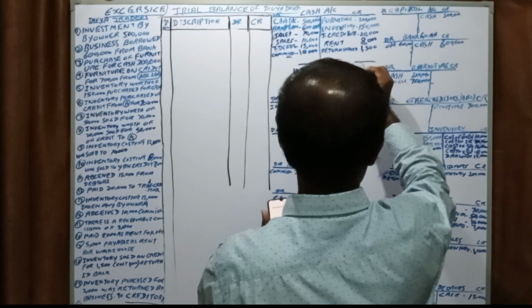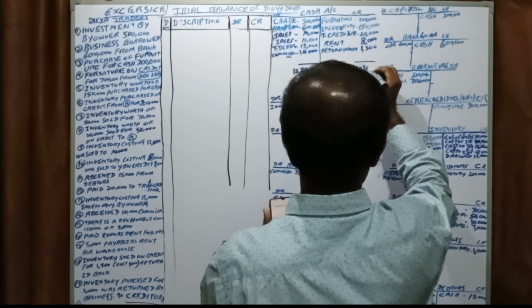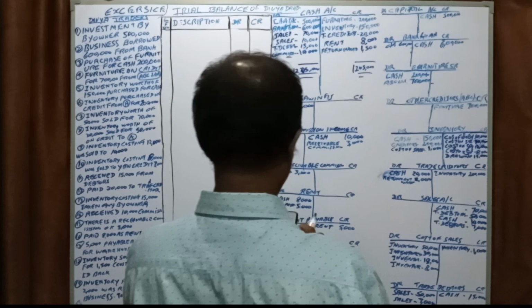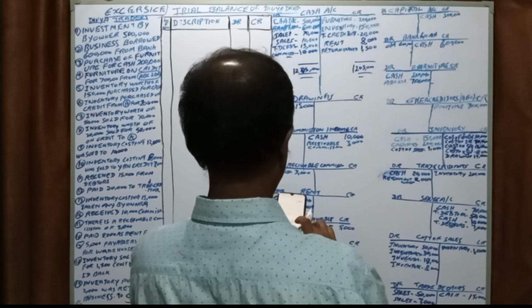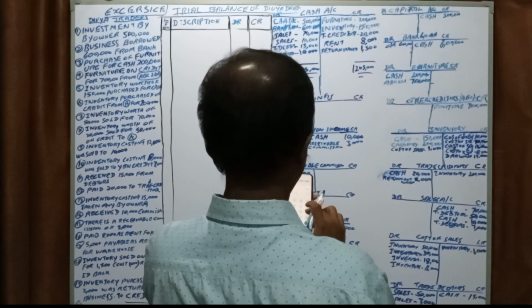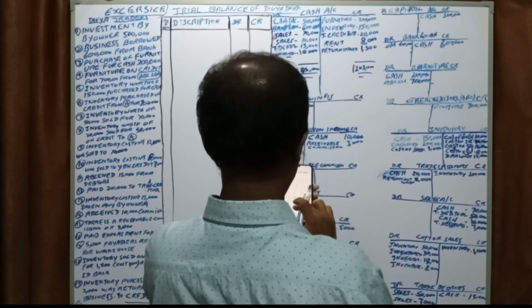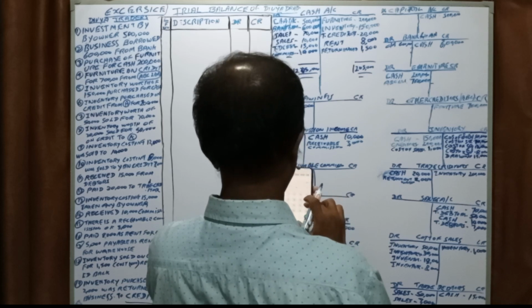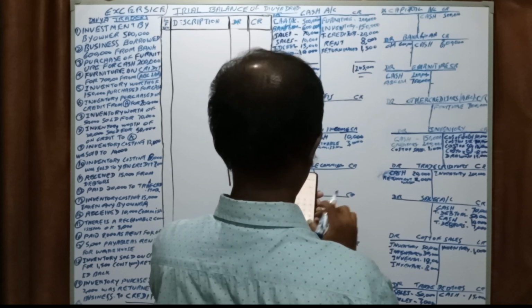Here also we will say 1,205, right? Minus 350, minus 28, minus 1.5.